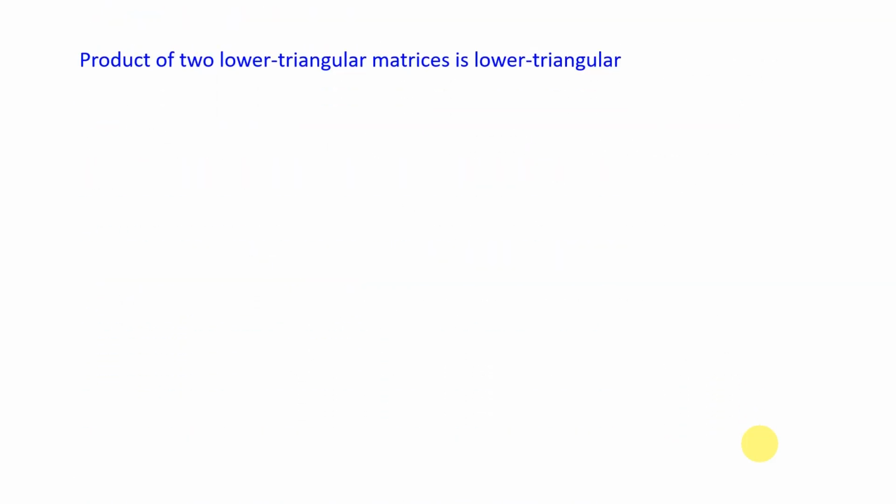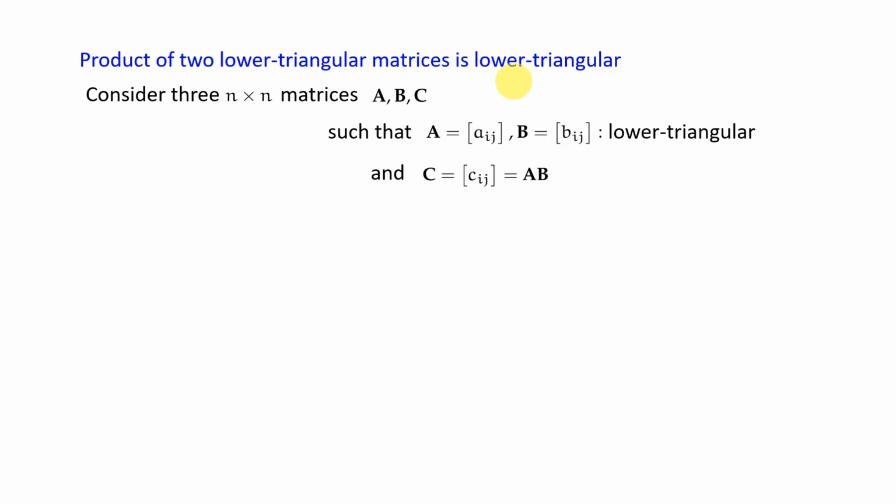Now we go back and take up some of the statements that we made, and let us argue how we made those statements. The first statement that we made is that if we multiply lower triangular matrices, the product will be lower triangular. So we start from two lower triangular matrices and check if their product is indeed lower triangular.